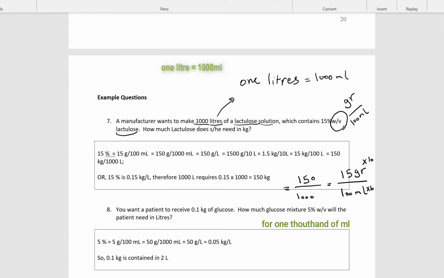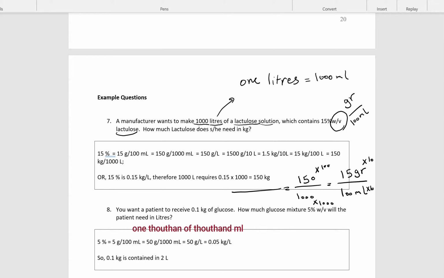Now we need 1000 liter. It means that if we times 1000, we will have 150,000 of lactulose over thousands of liters.